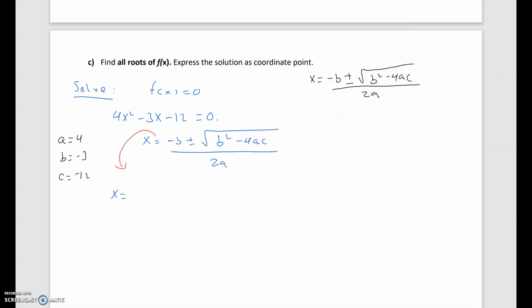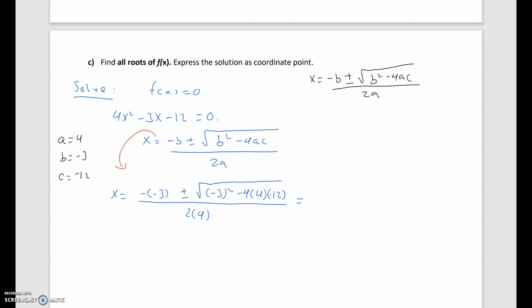So x is equal to negative 3 plus or minus the square root of negative 3 squared minus 4 times 4 times negative 12, all over 2 times a, which is equal to 4.